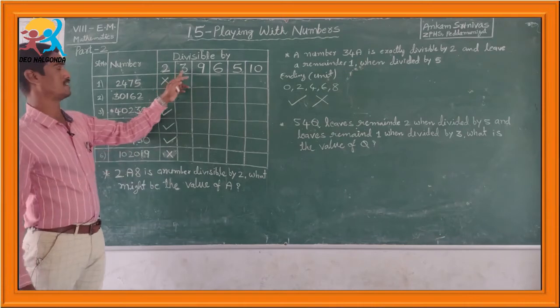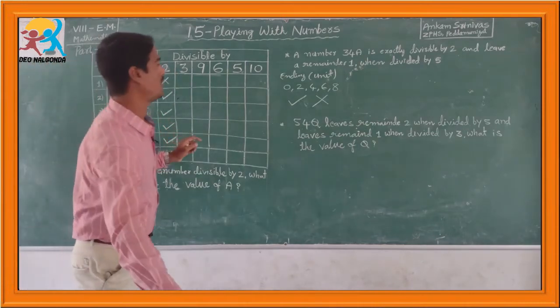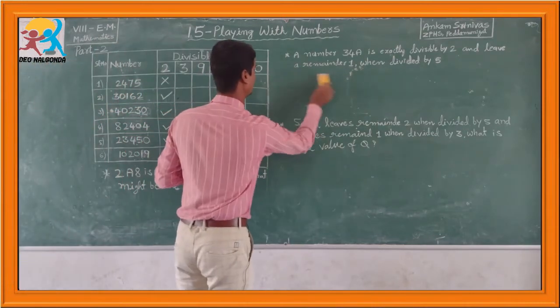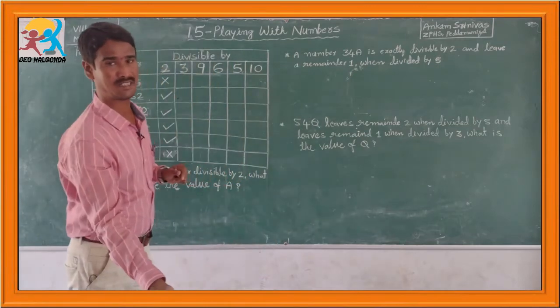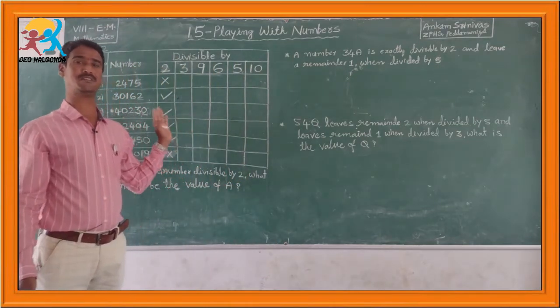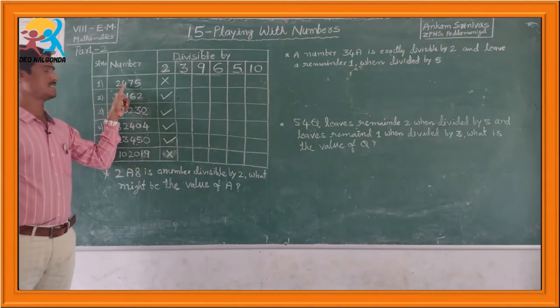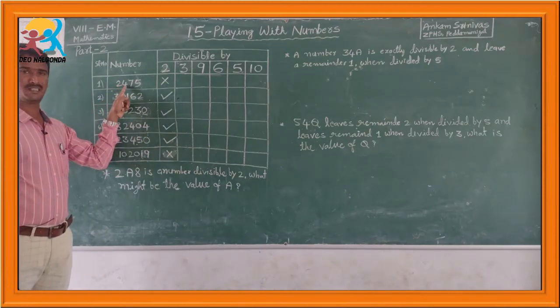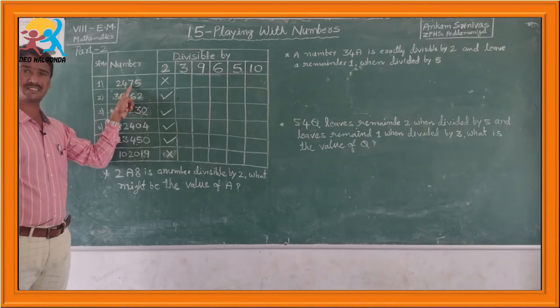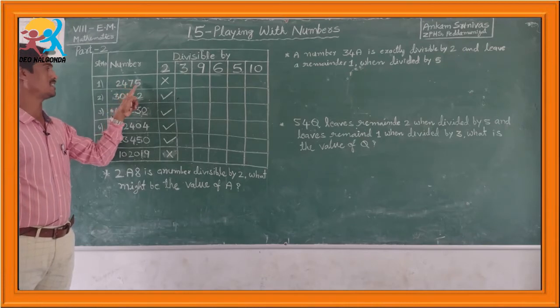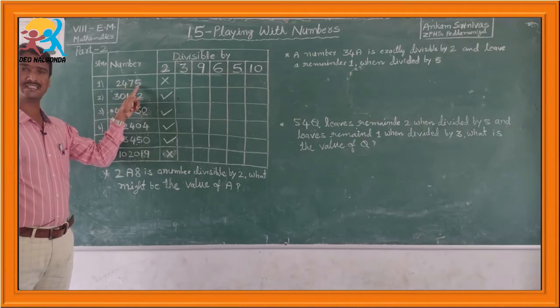Next, how to check divisibility by 3? If the sum of digits is divisible by 3, then the given number is divisible by 3. Sum of digits, here 2 plus 4 is 6, 6 plus 7 is 13, 13 plus 5 is 18.